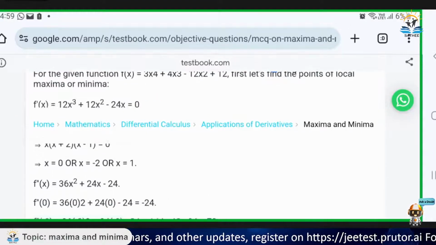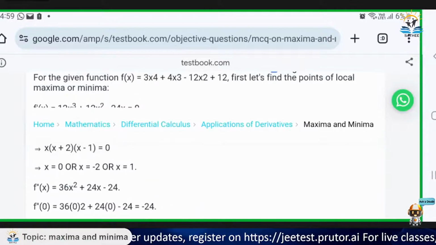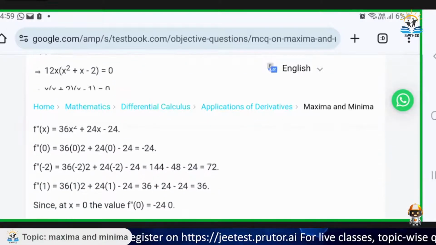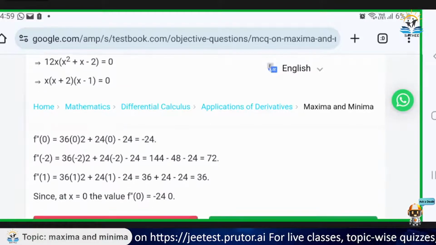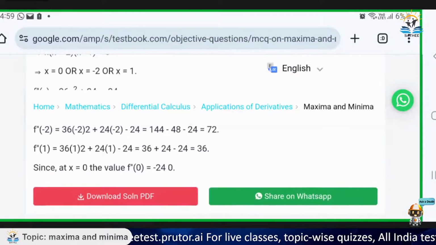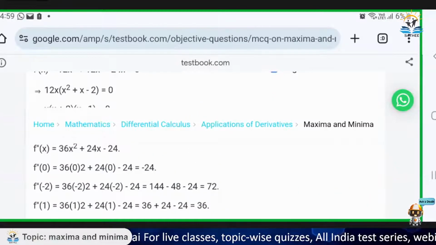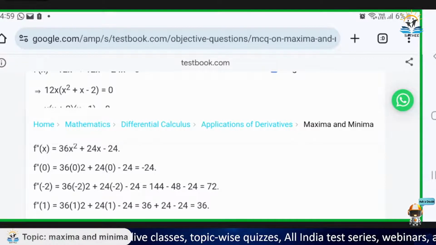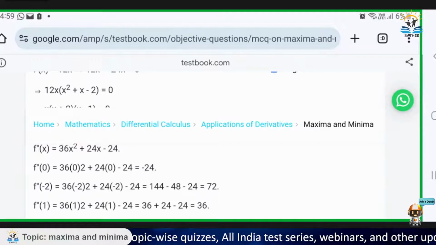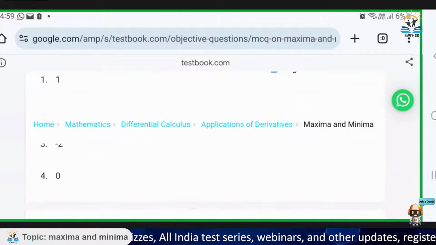Here we will also write f double dash x, and based on the values of f double dash x at these three critical points, we can comment whether these are local maxima or local minima. Since at x is equal to 0 the value is negative, we will say the function attains a local maxima at x is equal to 0, and local minimas at x is equal to -2 and x is equal to 1.